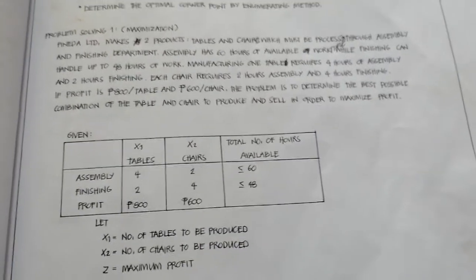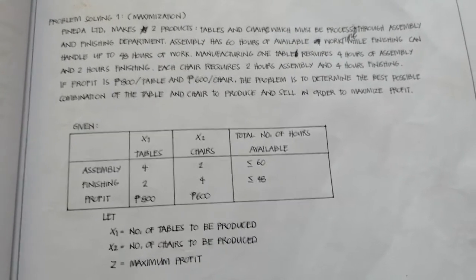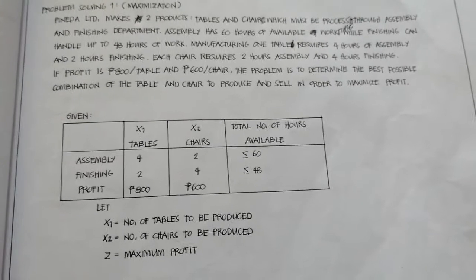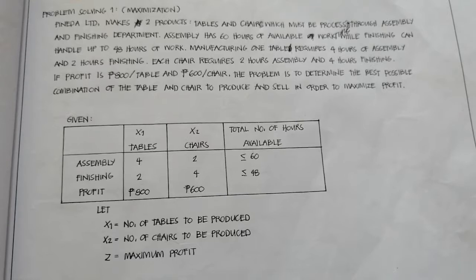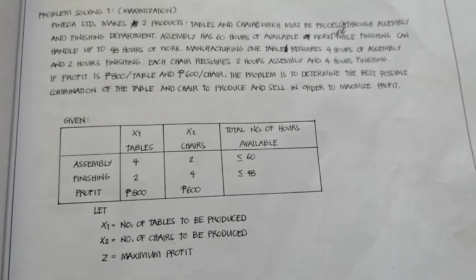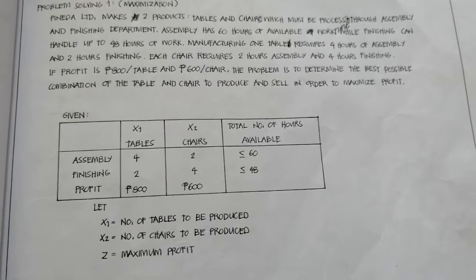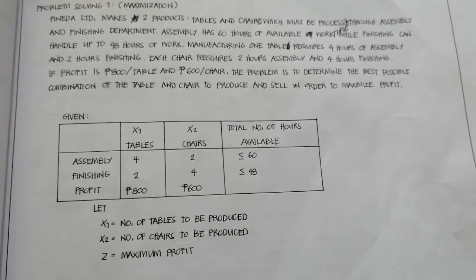Okay. So as mentioned in the given, so we have x1 and x2 and the total number of hours available. For the assembly, as mentioned in the problem again, it requires 4 hours for every table, and for every chair is 2 hours. Same thing with the finishing.